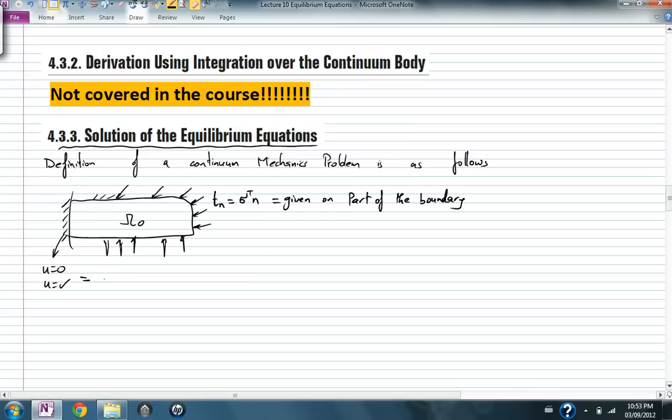And the displacement is specified on part of the boundary. I'm going to call this part omega u. I'm going to call this part omega n.